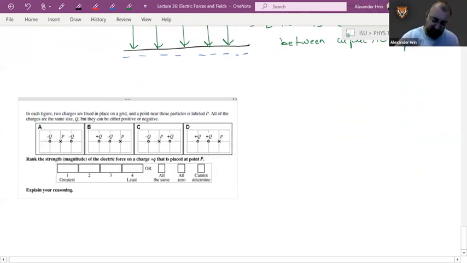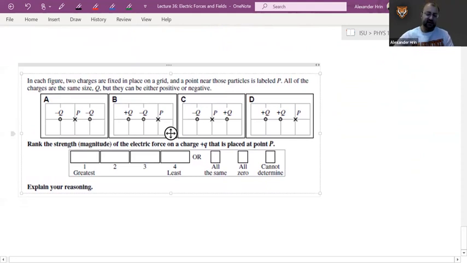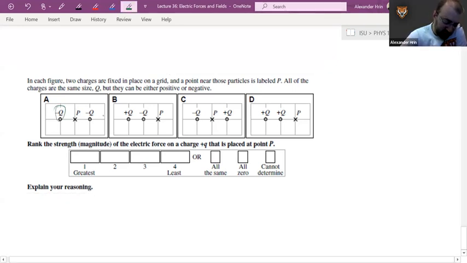And what we have here, this one basically gives us a couple of charges, and then it says, okay, these two charges that are given. So in part A, it's this one and this one. Those are fixed in place. For part B, it's this one and this one. These are all fixed in place.